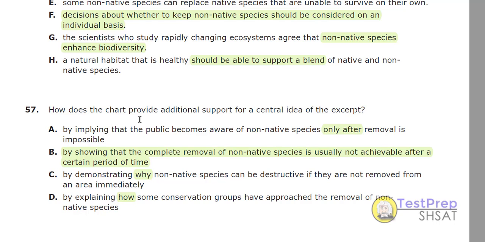The only question is whether the idea is reflected by A or B, and it's not true that the public becomes aware only after removal is impossible. B is true, by showing that the complete removal of non-native species is usually not achievable after a certain period of time.